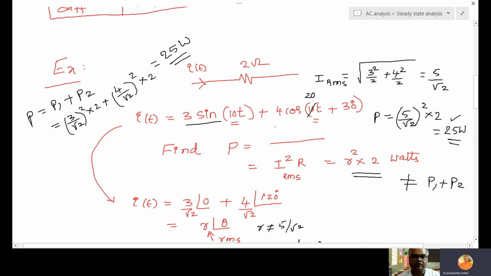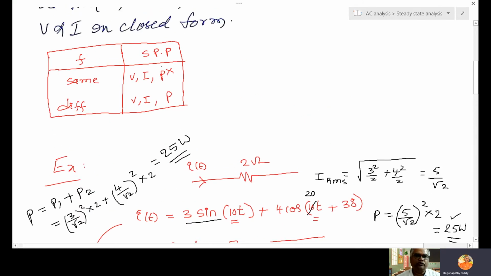So let me summarize. When frequencies are same, whatever answer you are getting directly, that is not equal to using superposition. When frequencies are different, combined, find RMS, find power, that answer is same as P1 plus P2. So when frequencies are same, you should not use superposition principle for power.